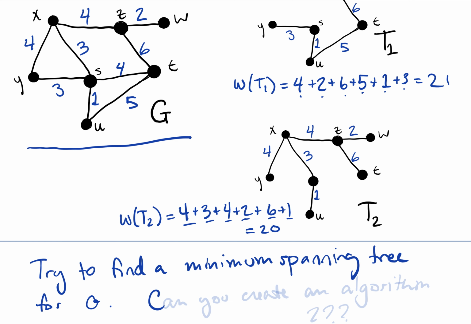Can you create an algorithm? In other words, can you create a set of steps you would suggest using to find a minimum spanning tree for any graph? So find a minimum spanning tree for that graph, and then think about what set of steps you are using, and can you generalize that as a set of steps that you would recommend to find a minimum spanning tree for any graph. We'll talk about it in just a moment.